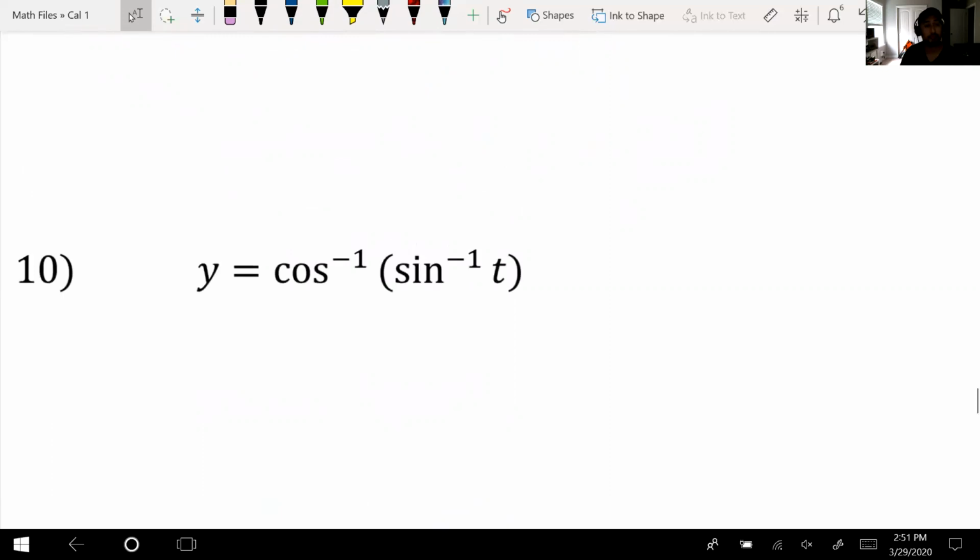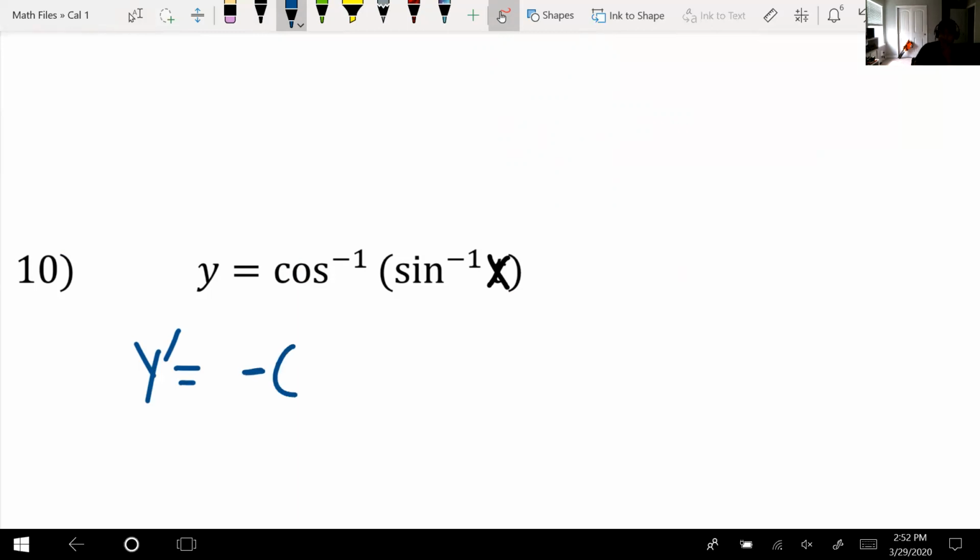Okay. 10. Inverse cosine of the inverse sine of t. I hate t, so we're going to use x. This is going to be the chain rule derivative for the inverse cosine function. So here we go. y prime equals, remember, it's negative, so there's going to be a negative out front already.